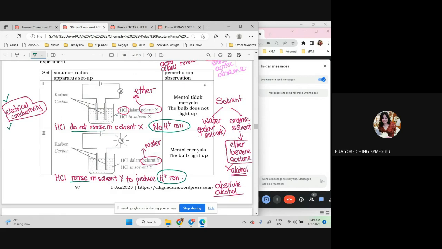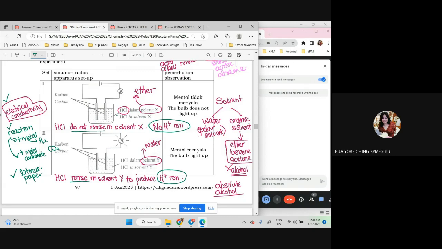It can use also reaction. Means you plus metal, then you produce hydrogen gas. Or you react with metal carbonate, and you produce carbon dioxide gas. And one more, the simple one is you use the litmus paper. Okay, they change the color of the litmus paper. So this is how they compare the functions of water to ionize the acid and alkali in 3 different aspects.